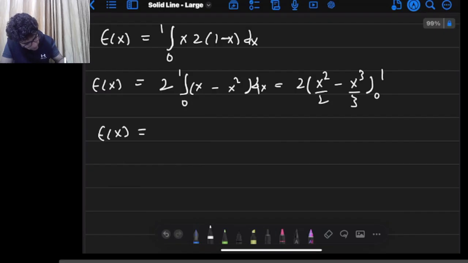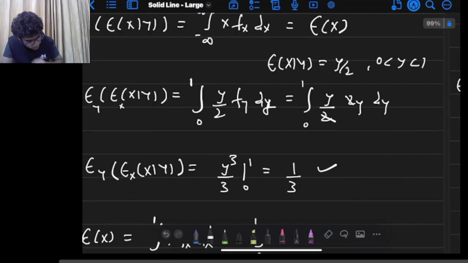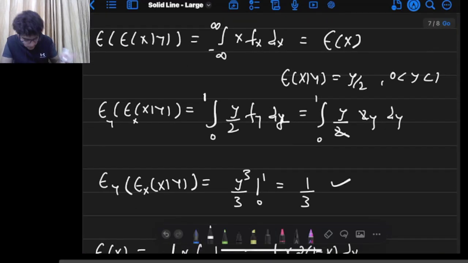The expected value of x finally becomes 1 by 3.